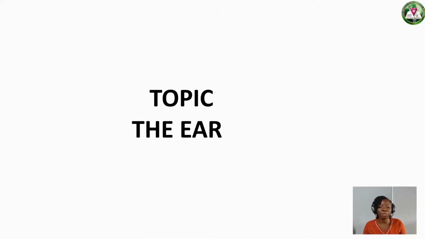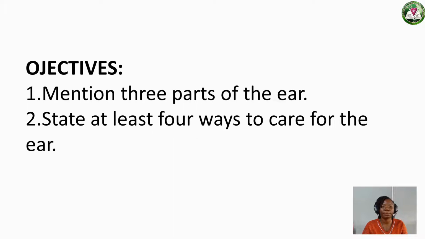Our topic for today is the ear. It is expected that by the end of this lesson, you should be able to: 1. Mention 3 parts of the ear. 2.